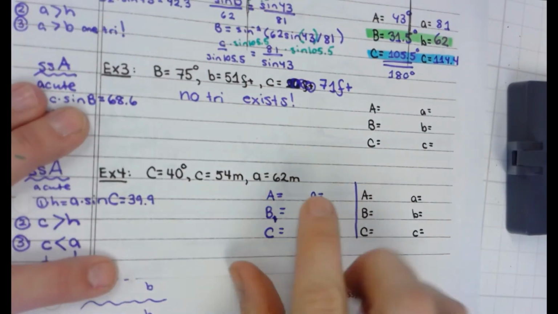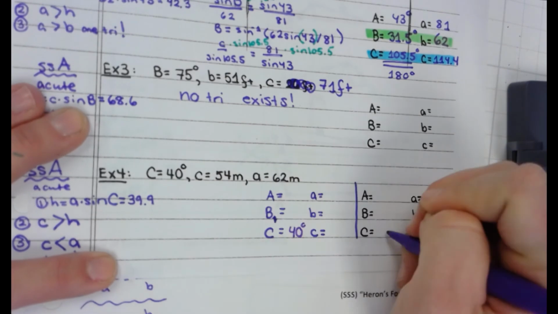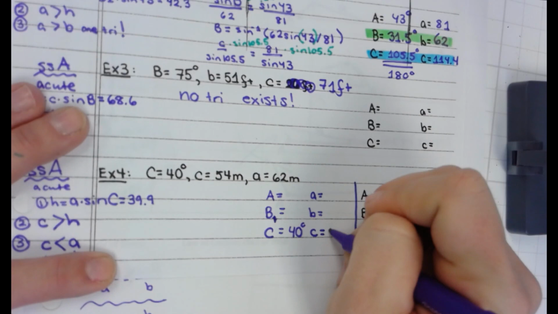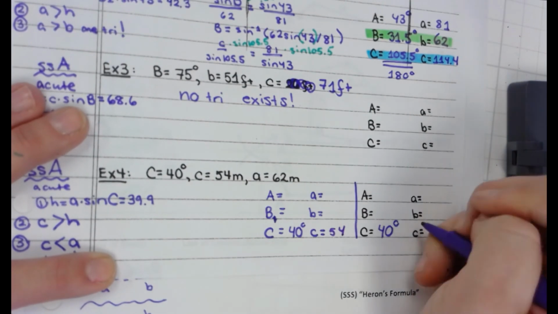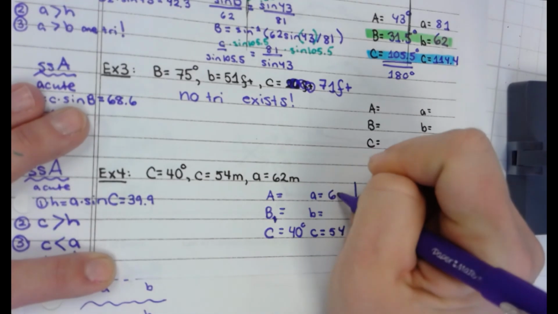Okay, let's fill out what we know. We know C is 40 degrees. We know little c is 54. And we know little a is 62.